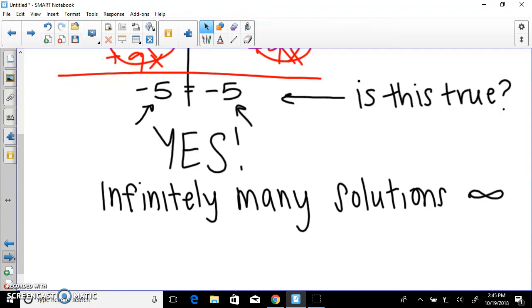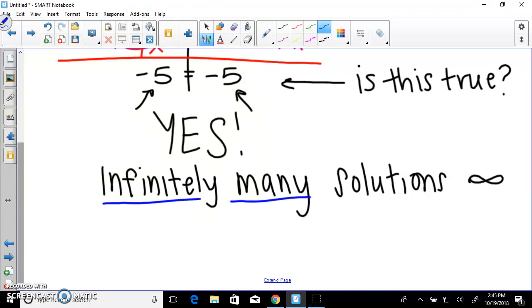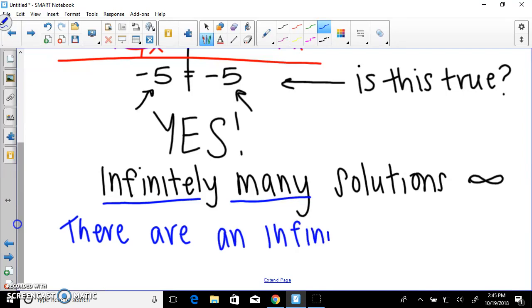So remember with no solution, we said that there's no possible number that could make the equation true. Well, when you have infinitely many solutions, it means just that, infinitely many. There are an infinite number of possible solutions.